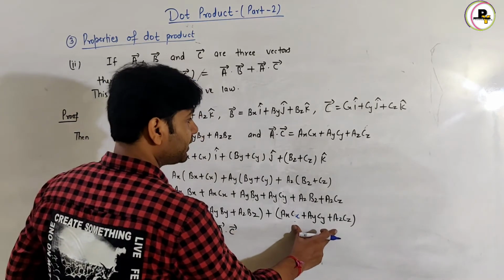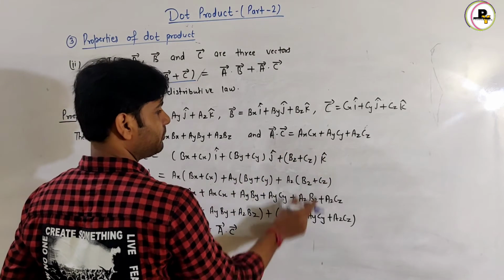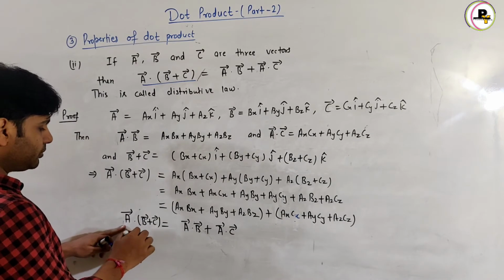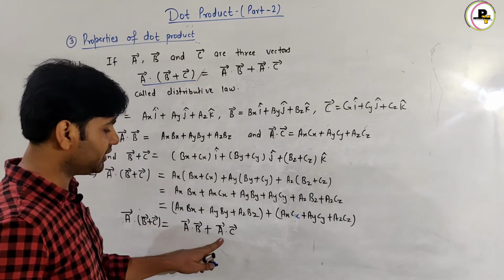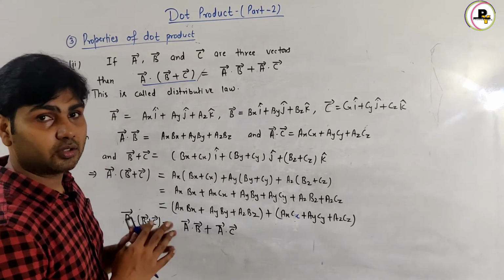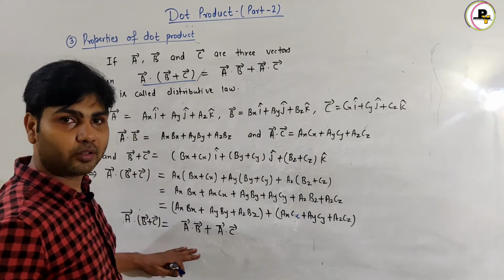And what is the second bracket? It is a vector dot c vector. So I can write here a vector dot in bracket b vector plus c vector is equal to a vector dot b vector plus a vector dot c vector. That is, the dot product of two vectors with a third vector obeys the distributive law.